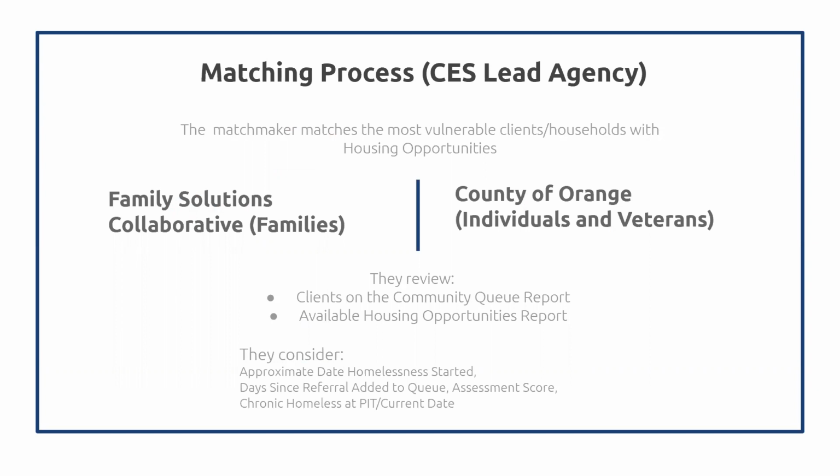We will review the housing opportunities process in a little bit. The matchmakers review these two lists, the list of clients on the queue and the list of housing opportunities, to determine the matching so that the most vulnerable clients are referred first, okay?